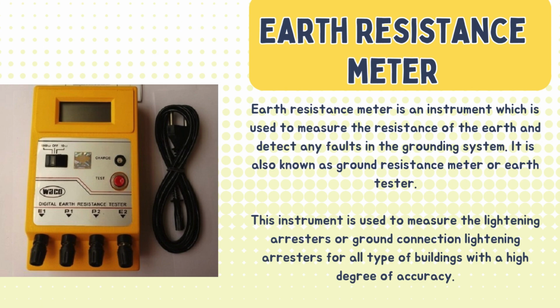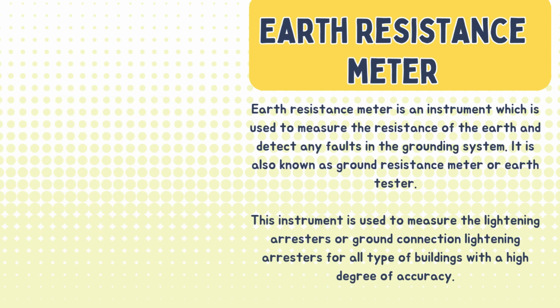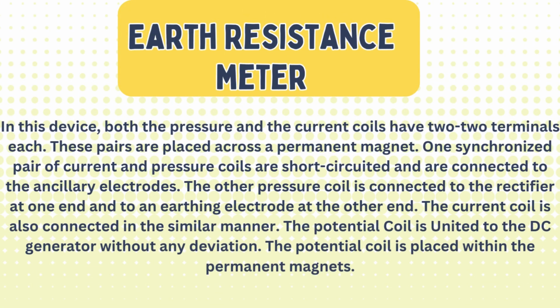This instrument is used to measure the lightning arresters or ground connection lightning arresters for all types of buildings with a high degree of accuracy. In this device, both the pressure and the current coils have two terminals each. These pairs are placed across a permanent magnet.